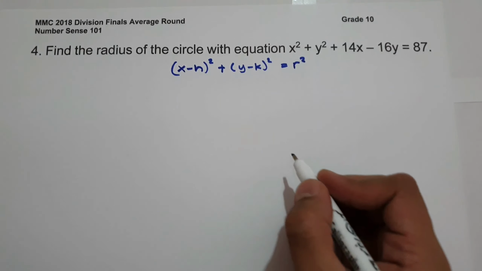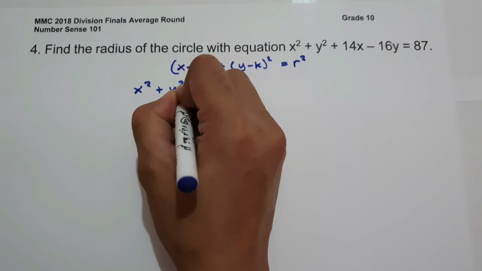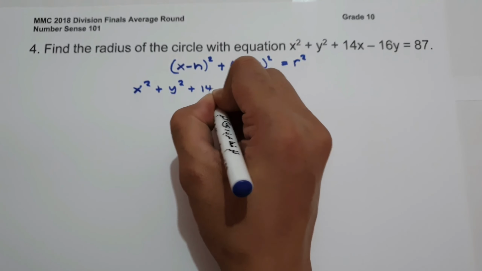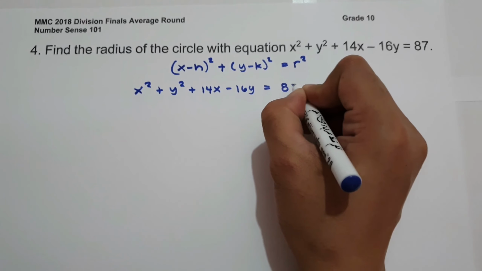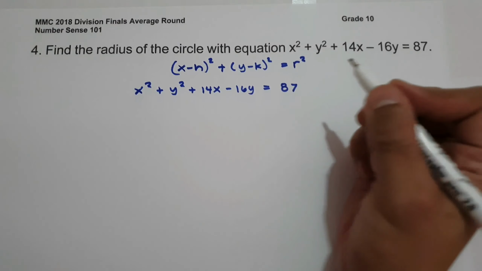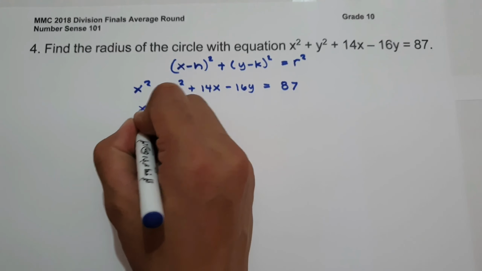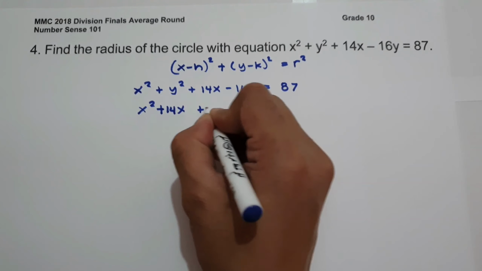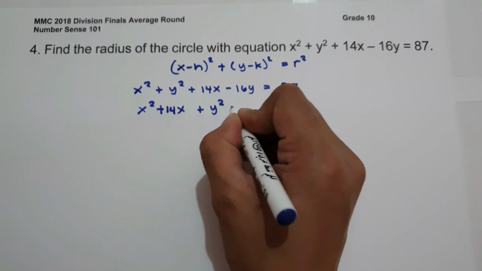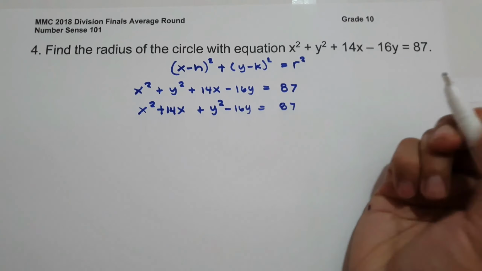So to find the radius, let us arrange the given equation: x squared plus 14x plus y squared minus 16y equals 87.